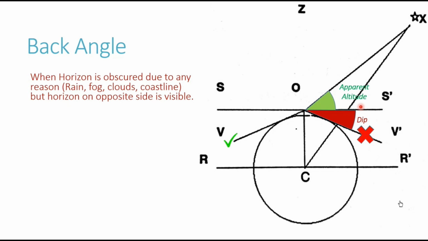But now we do not have the horizon available to us because of any of these reasons. So we cannot follow this particular method. So what do we do now?